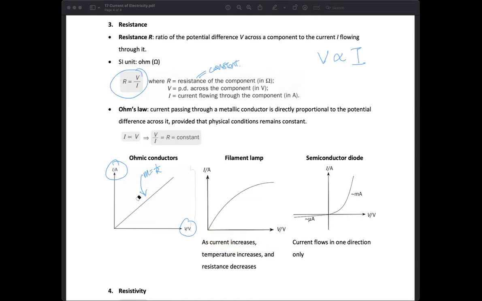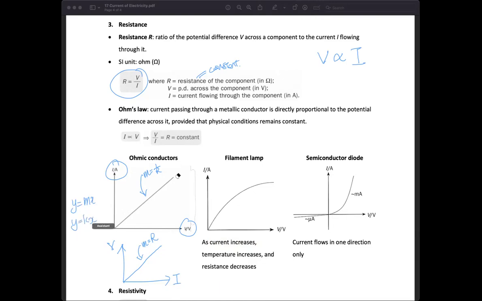Okay, so in this case, it's I over V. I over V is the reverse, it should be 1 over R. So this gradient here is 1 over R. If I were to plot V over I, it will be the same straight line. The gradient here will be R instead. Understand? You all remember y equals mx plus c or y equals kx.